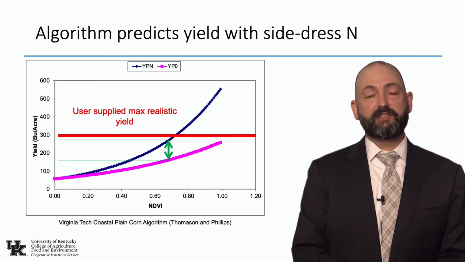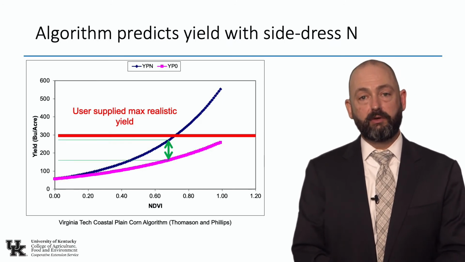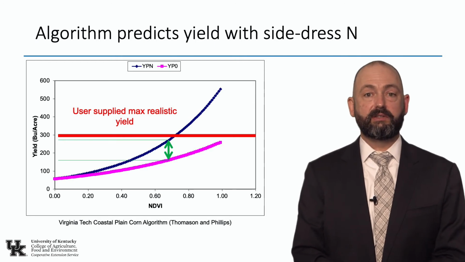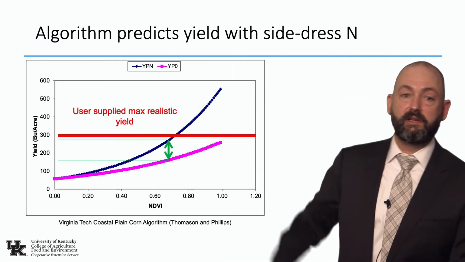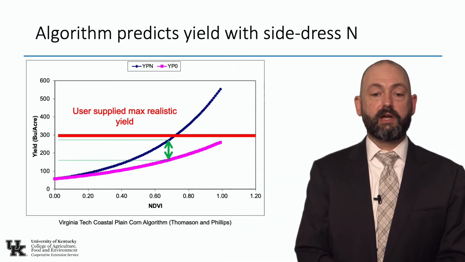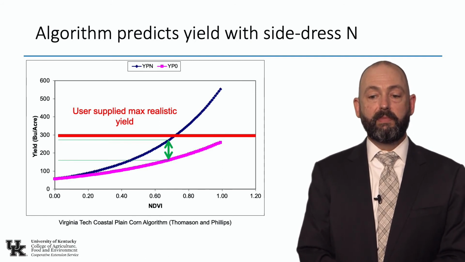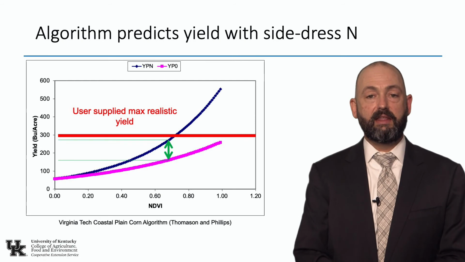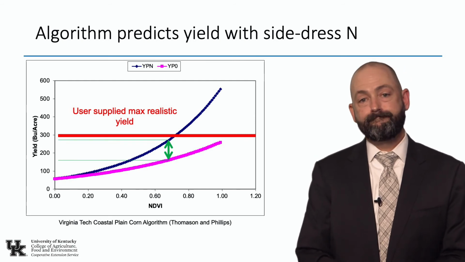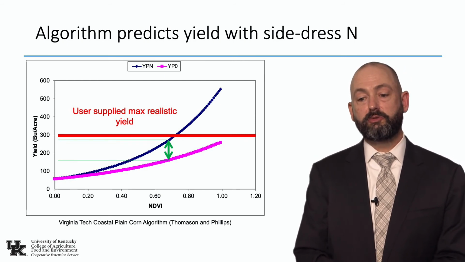And the user has to say what's the realistic maximum yield for this algorithm, because you can see it goes up to unrealistic yields. So the user supplies that maximum realistic yield, and then the equation looks at the total response.